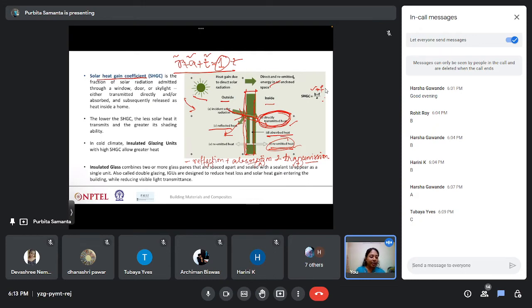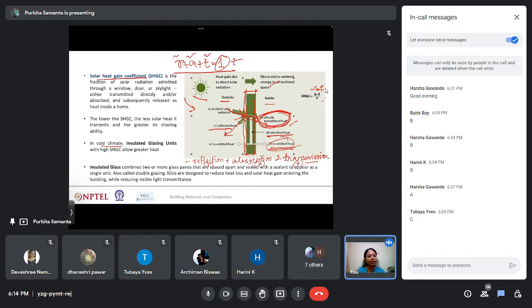Now, also in cold climate, just imagine you staying in Kashmir or any other hilly area. So what will you expect? Will you expect your room to be very cold? Obviously, no. You'll want your room to be warmer. So in such a scenario, you'll want more solar heat gain.